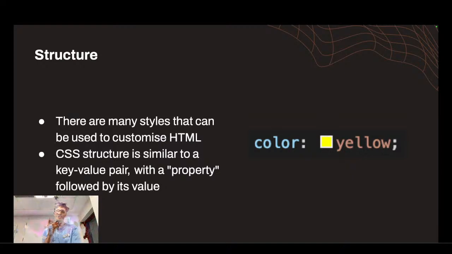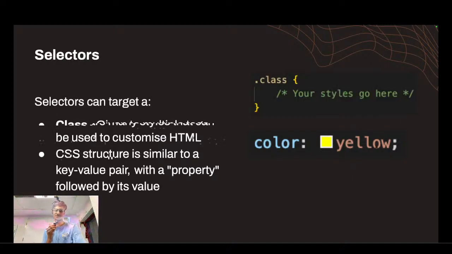There's lots of ways to customize the HTML. The structure is a key, a property, followed by a value. So for example, here it's color, and then the value is yellow.